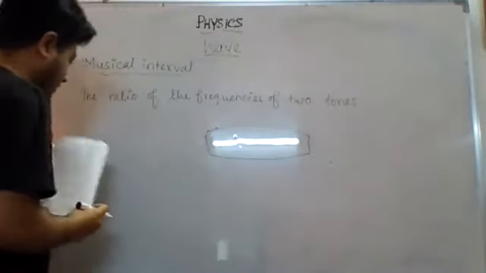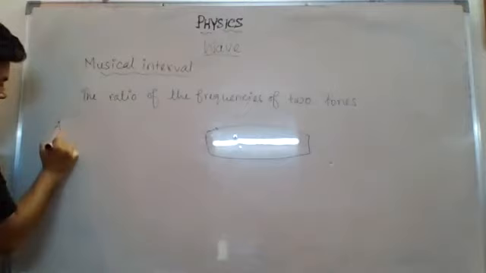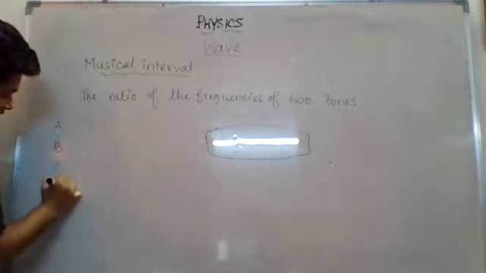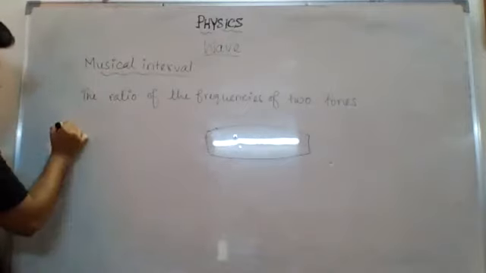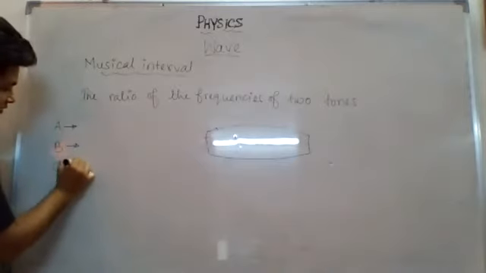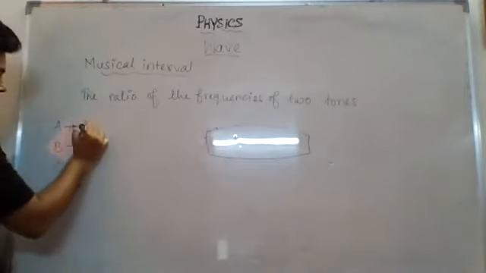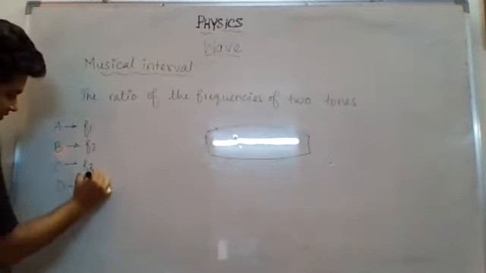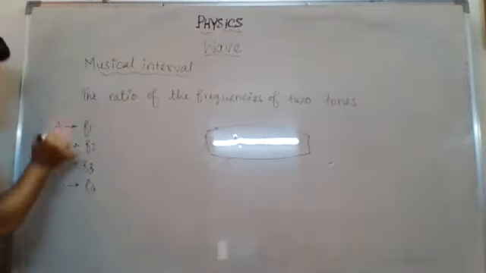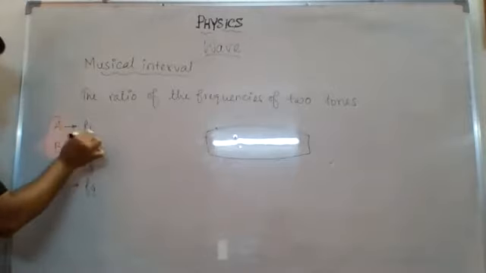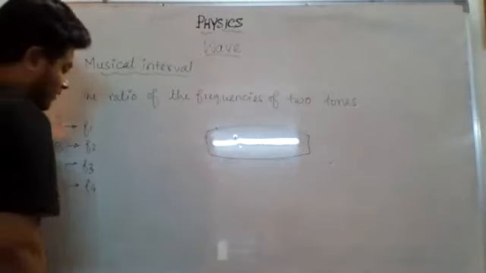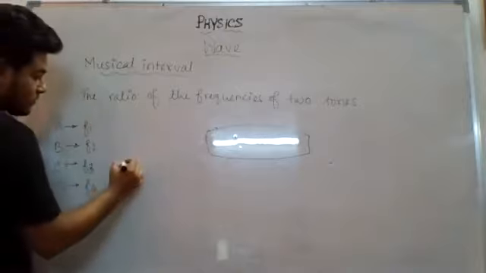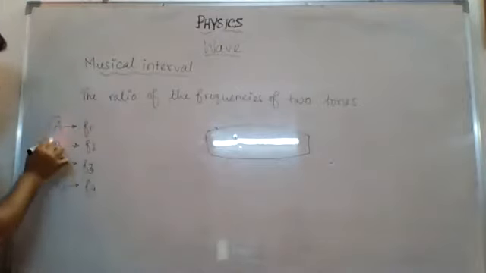Now let us say A, B, C, D. They are tones and the frequency of each we know. This one has frequency F1, this is F2, this is F3, and this is F4. These are the names of the tones and these are the frequencies for them.